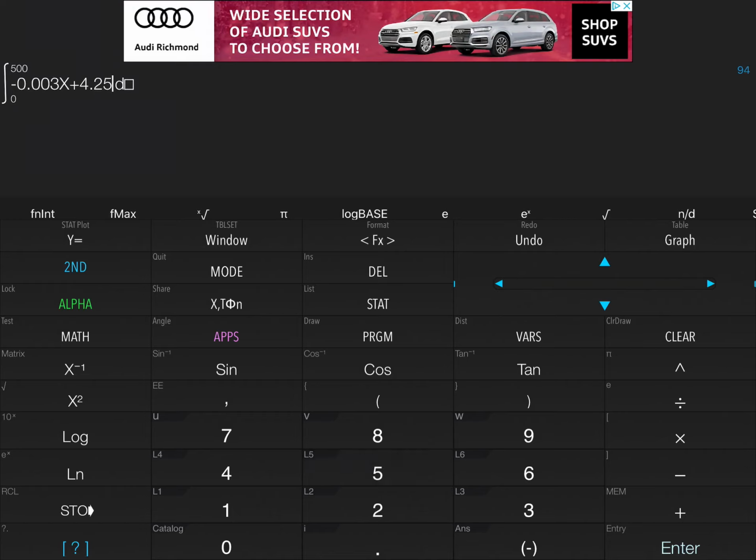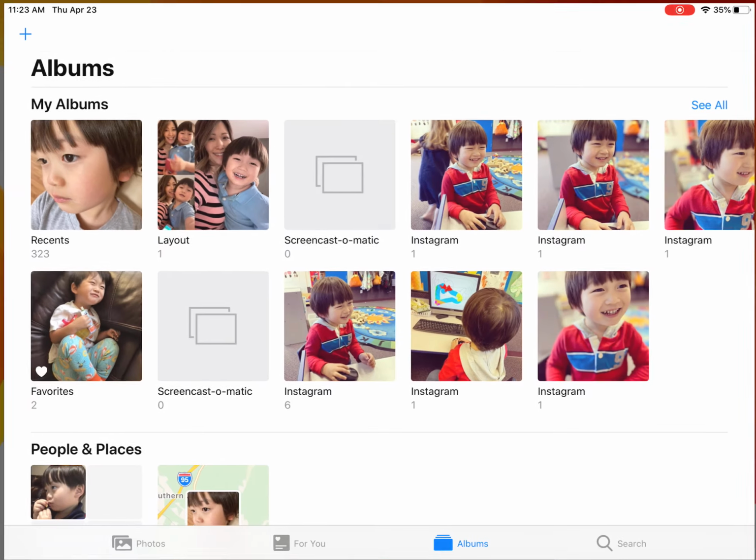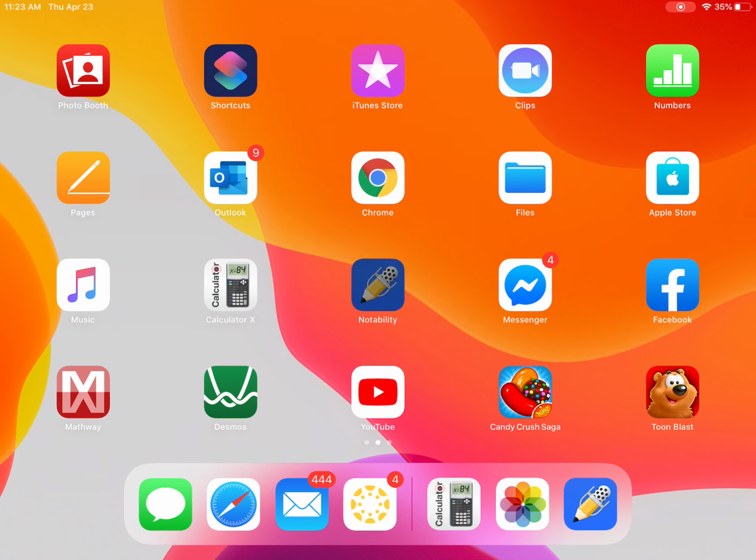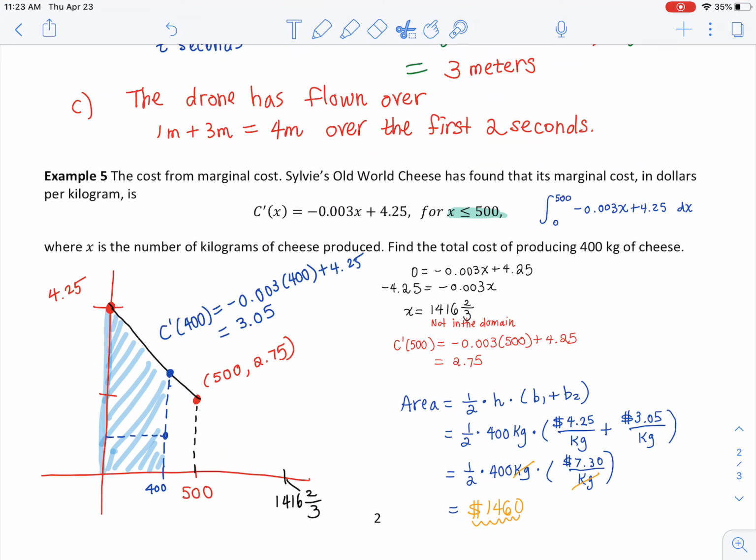So let me type in the lower bound was 0 and the upper limit was 500, and the function was negative 0.003x plus 4.25, and then let's put in dx, where the variable of integration is x, and let me hit enter.